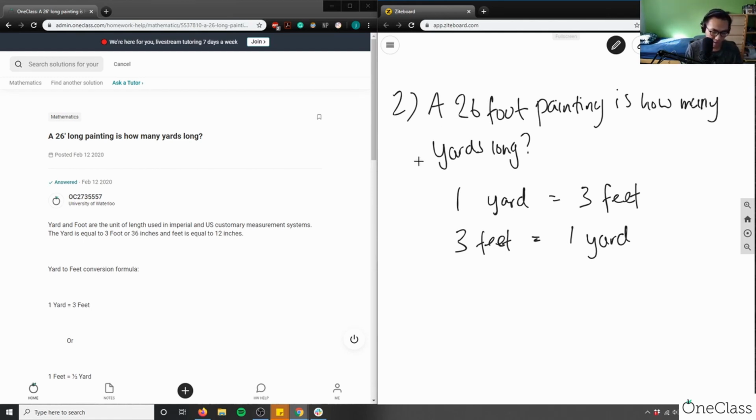So again, we know that our conversion is feet to yards, right? So that's what we're doing here. We have 26 feet or foot.